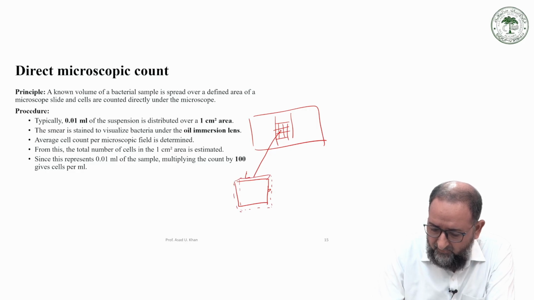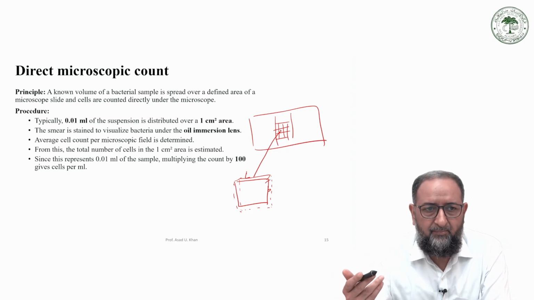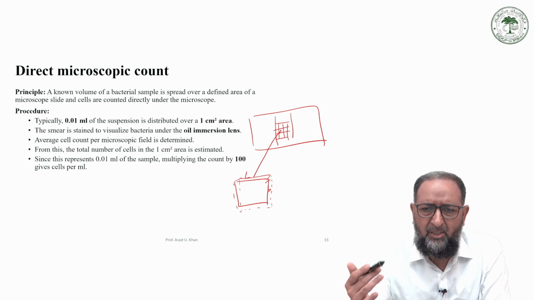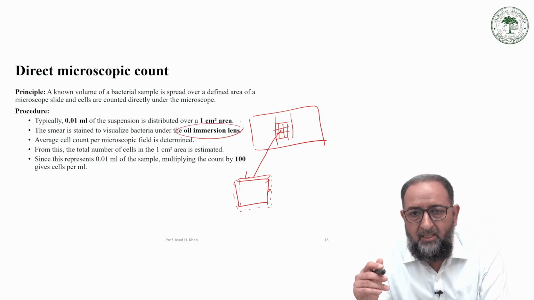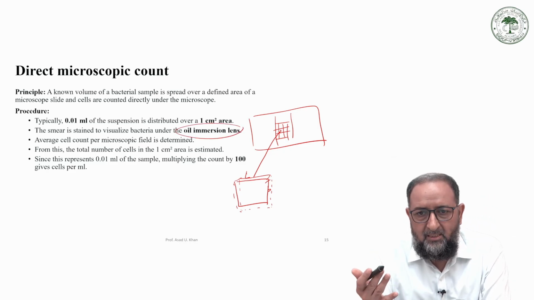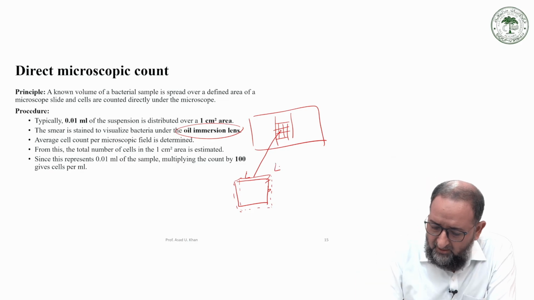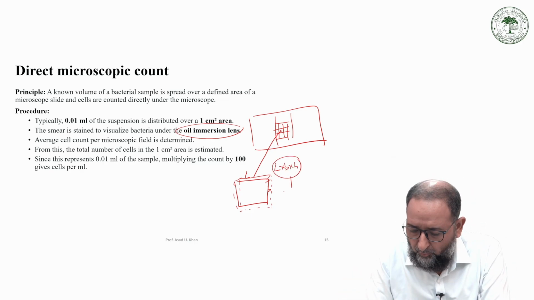This cover slip has a height of a few millimeters, for example 0.01 or 0.1 millimeter, depending on the oil immersion that you are using for visualizing these cells. You multiply length, breadth and height of this cover slip, which gives you the volume.